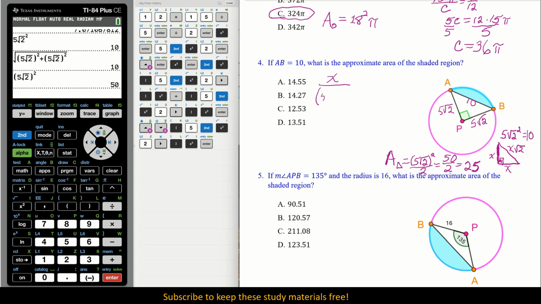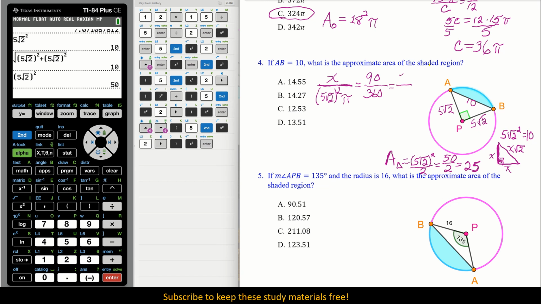Okay, we need to take 5 square roots of 2, squared, times pi. That's where it came from. So don't make the mistake I did. Don't mix these things up. The central angle is 90, and that's over 360.